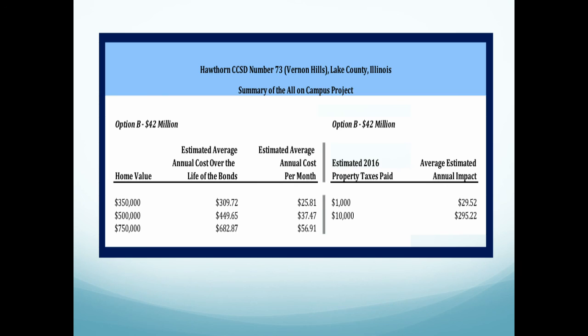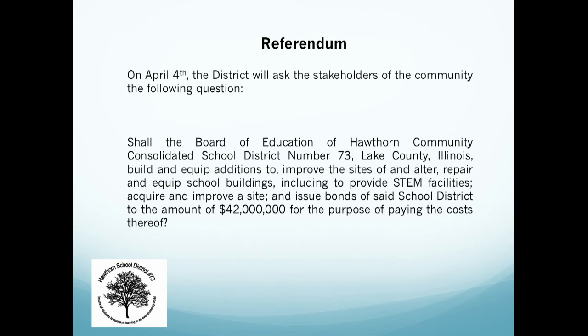The referendum question is per legal counsel. People ask sometimes, why can't we put how much it's going to cost on the ballot question, or why can't we put other information? We are really constrained by the Illinois statute on what the referendum question will be.